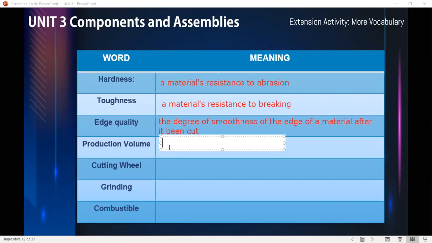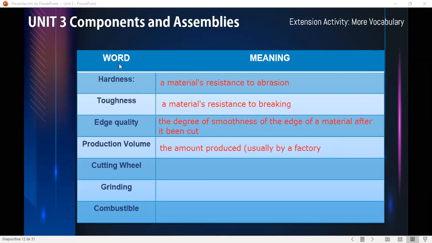Well, in this case, we are talking about the quantity or production of the products, maybe in manufacturing, different products that I can make with different processes.